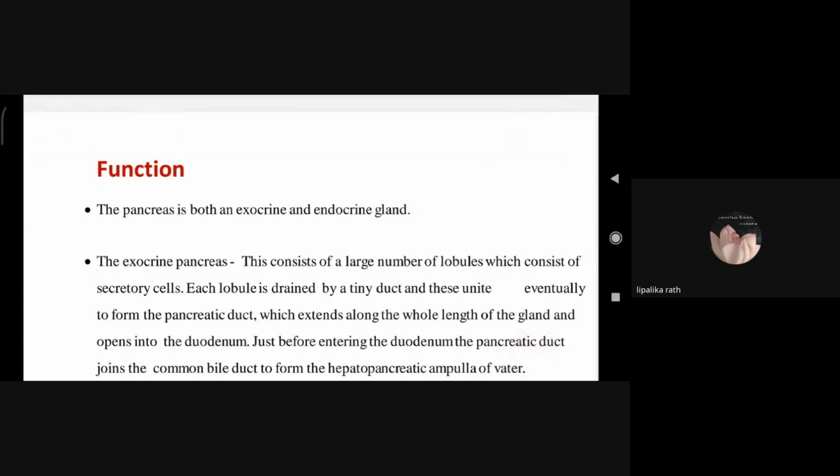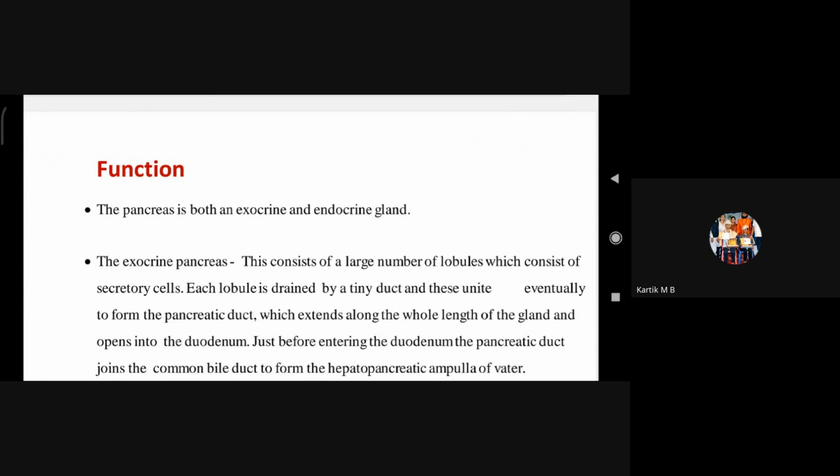And do you have any idea regarding endocrine and exocrine glands? Ma'am, endocrine glands secrete hormones, and those hormones stimulate all the organs to do their activity. And exocrine glands help the excretory system.